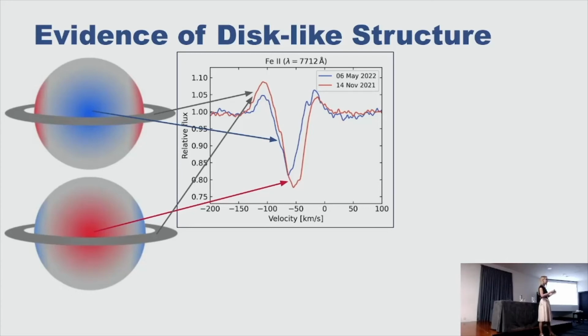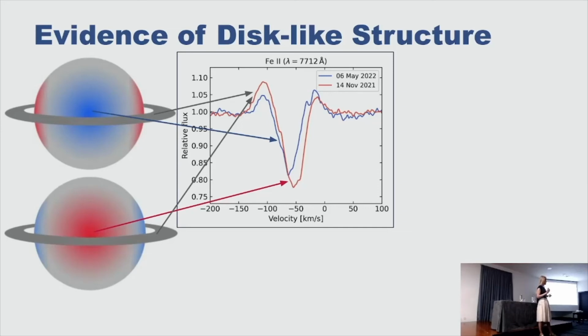Therefore, their location is not influenced by the pulsations, and their velocity does not change over time. And also, in that case, the intensity of the emission components would depend strongly on the location of the absorption component. So as the absorption is bluer or redder, either one or the other emission component will be stronger.